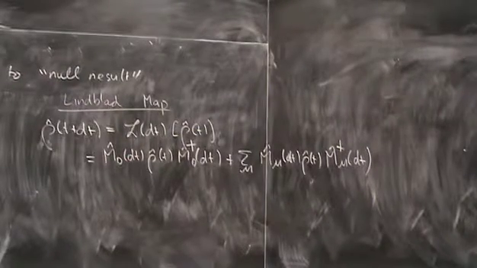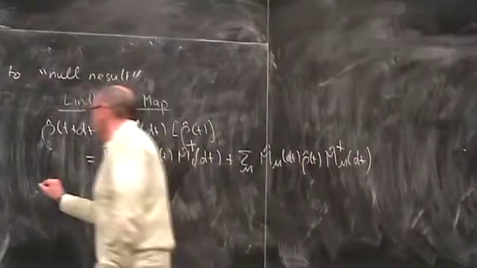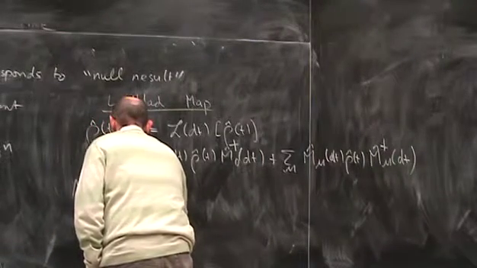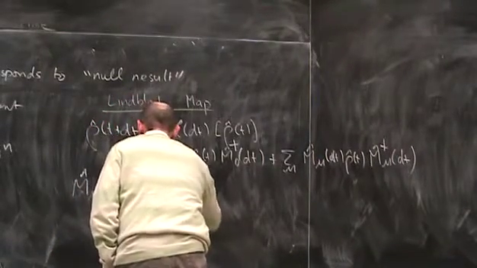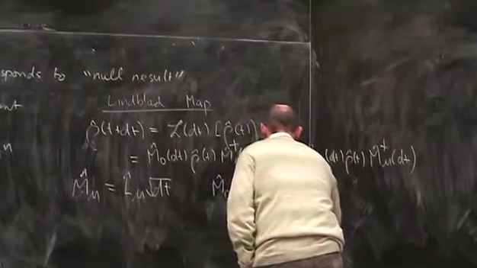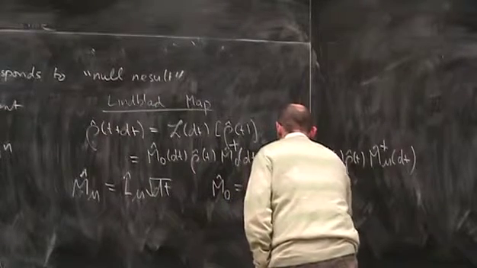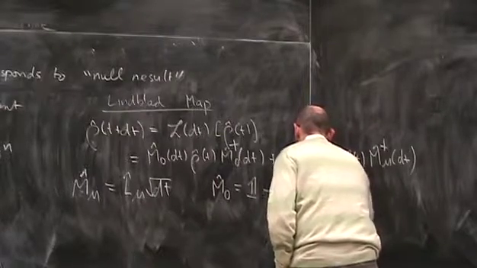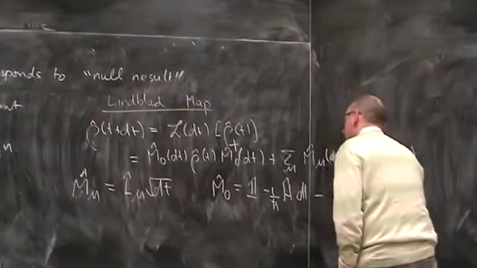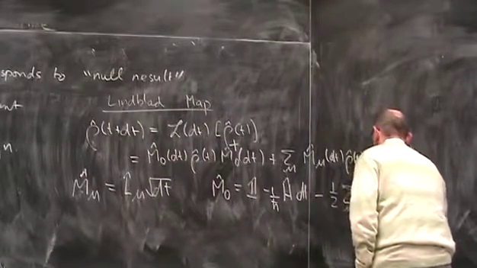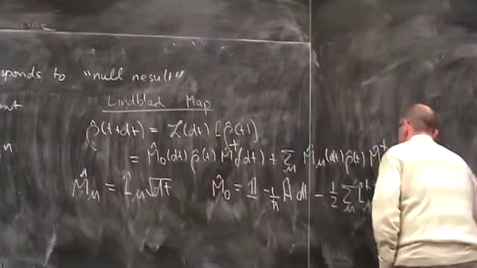That's our Kraus map where M mu we wrote as L mu square root of dt, and M0 is 1 minus i over h bar, whatever the Hamiltonian is, dt, minus 1/2 sum over mu of L mu dagger L mu dt.